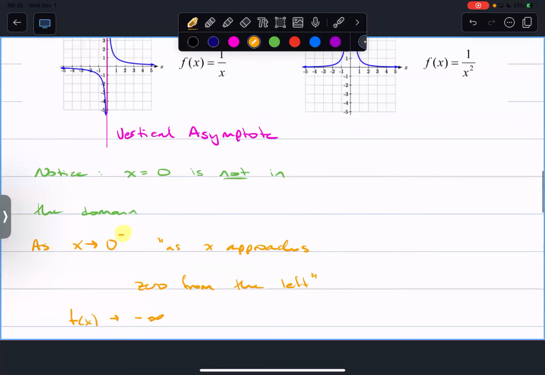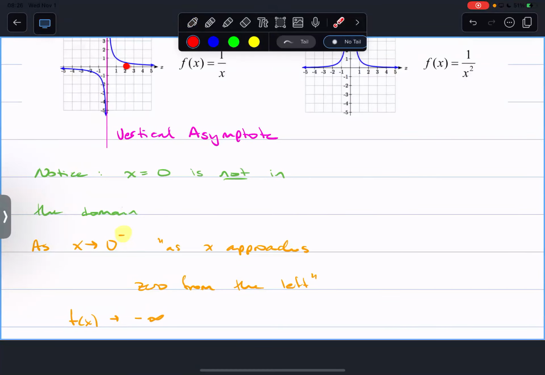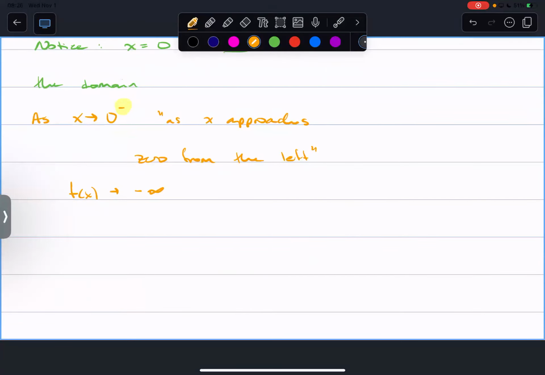Now, we can do the same thing as x approaches 0 from the right, right? And so now we're going to have different end behaviors, or sort of asymptotic behaviors. And as x approaches 0 from the right, so we use a plus from the positive side, but for some reason, I use left and right, but positive negatives work too.